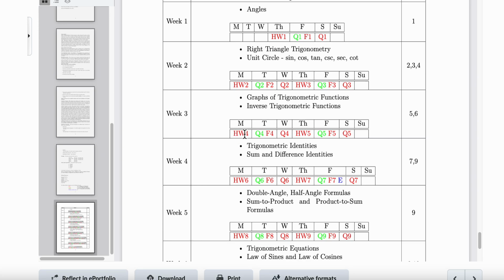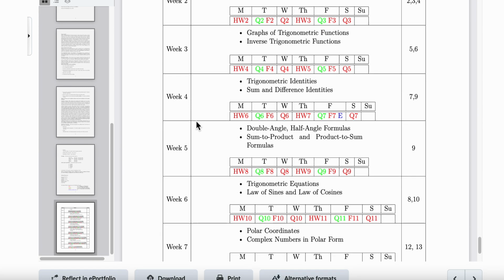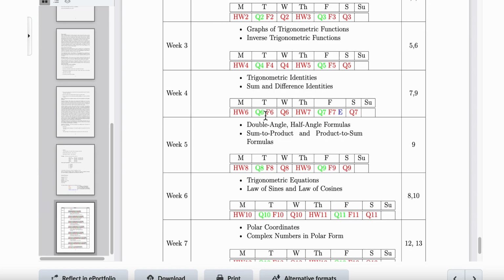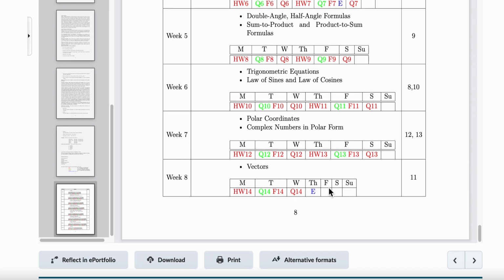On Monday is the deadline for homework, Tuesday the deadline for forum, Wednesday the deadline for quiz. And so on Thursday, the deadline for the homework of the next lesson, deadline for forum, and deadline for quiz. Every week is the same. In week 4 a midterm exam is also added, and in the last week of classes a final exam is added.